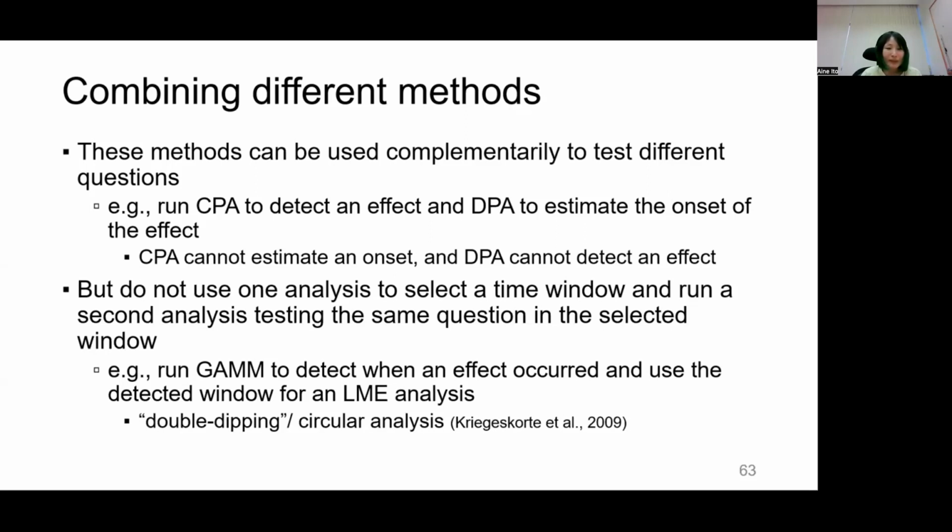For example, you might use GAM to detect when an effect occurred, and then use the time window that was detected by GAM and run an LME on that window. Right. And this is called double dipping or circular analysis: testing the same question using two different methods, and using the first analysis to select the time window for your analysis.